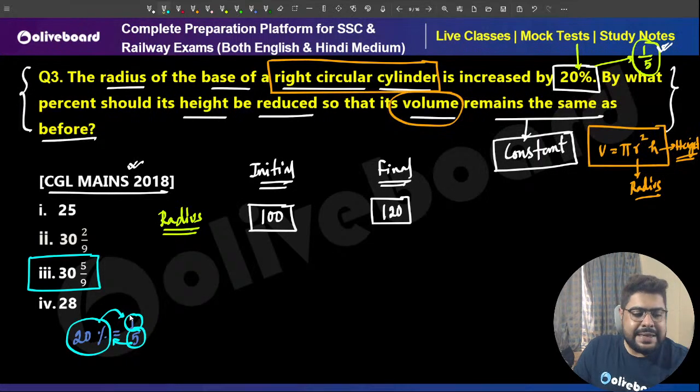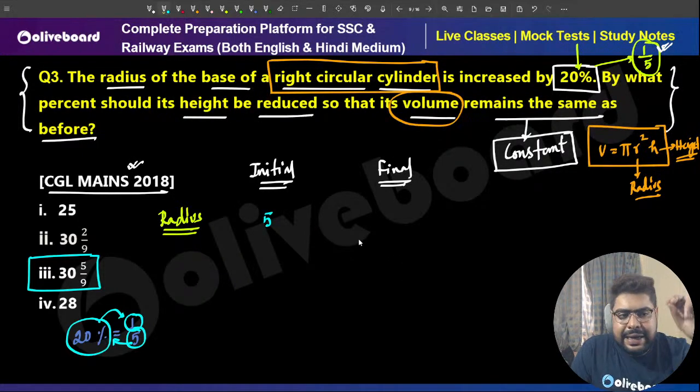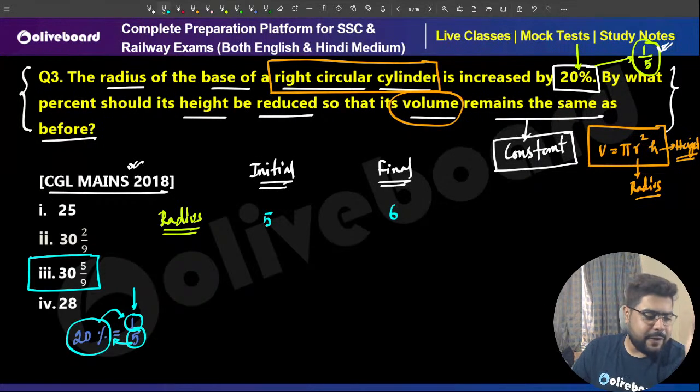So if the initial value is 5, the increment will be 20% of 5, which is 1. So the final value will be 5 plus 1 increment, that is 6.